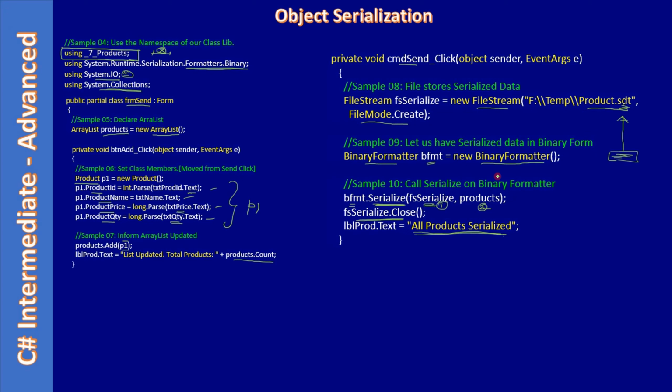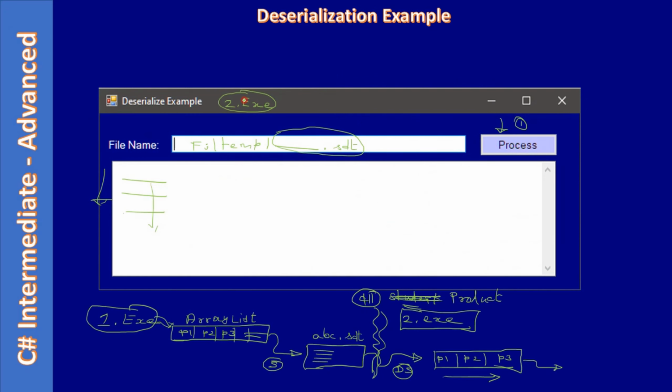The product is serialized using the binary formatter, and to serialize we use BinaryFormatter's method Serialize. To this method we give the array list that needs to be serialized and where the serialized information should be kept. That is given using the file stream. Alright, in the previous video we talked about this exe, and now we will implement this.